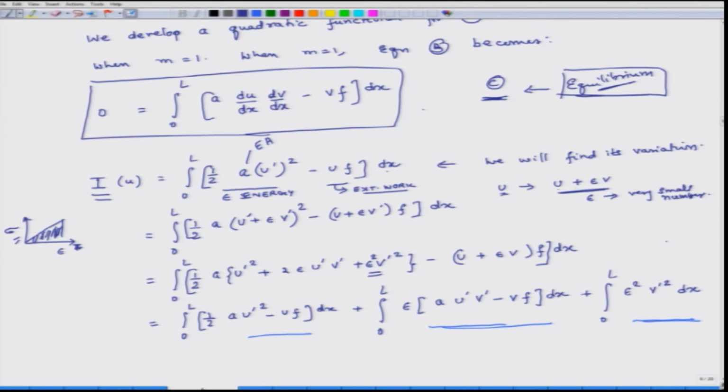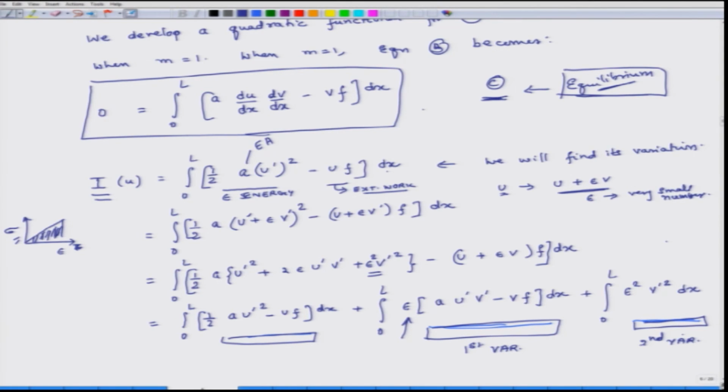When I replace U by U plus a small variation, then this is the basic potential energy, this is the first variation because it is multiplied by epsilon, and this is the second variation in the energy, right.